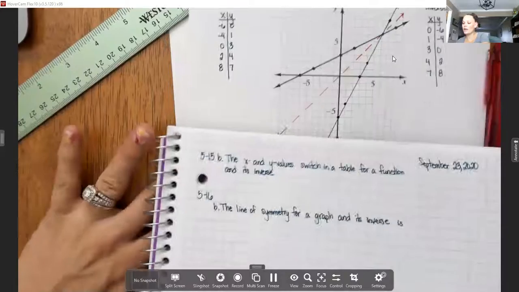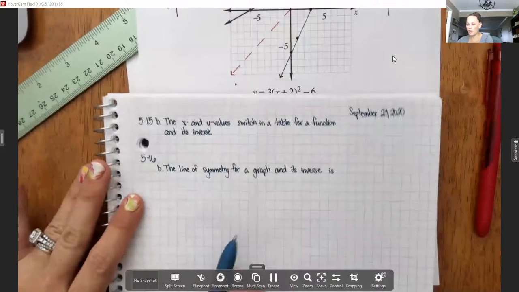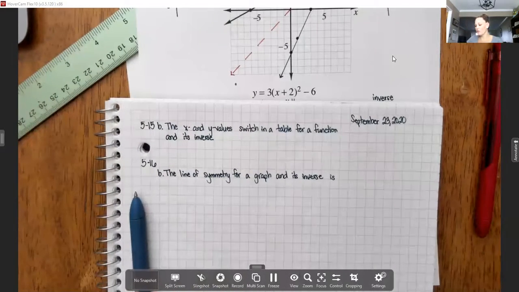So now we want to write the equation for that line. I started the sentence here. The line of symmetry for a graph and its inverse is, we know it's linear. We know it's y equals mx plus b, because it's a straight line.